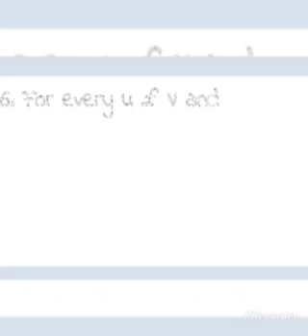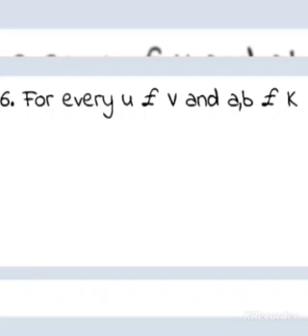Now let's proceed. Now we have for the sixth one, for every u that is in V and a, b that are in K, this one is quite special now because this is actual scalar multiplication.